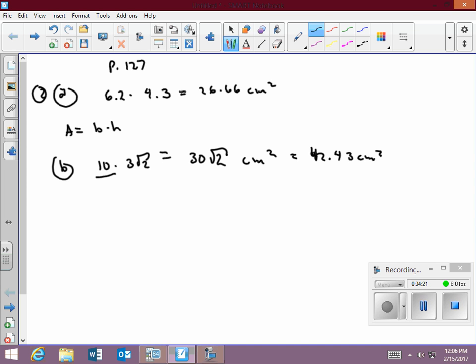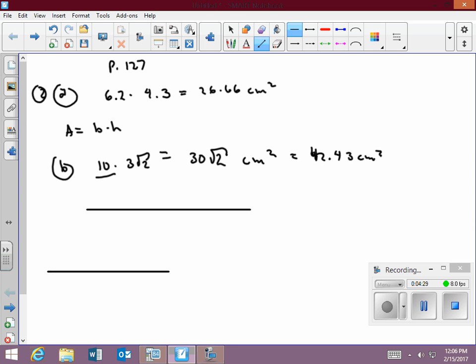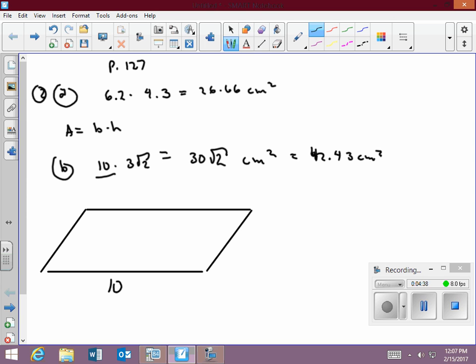This is the base of that triangle in B, or it's actually a parallelogram. The 10 was this. Then they're showing you perpendicular. But they're saying this is 9 degrees, and they're saying this is 3 square root of 2. So you just multiply this times that. That's what the area of it is.